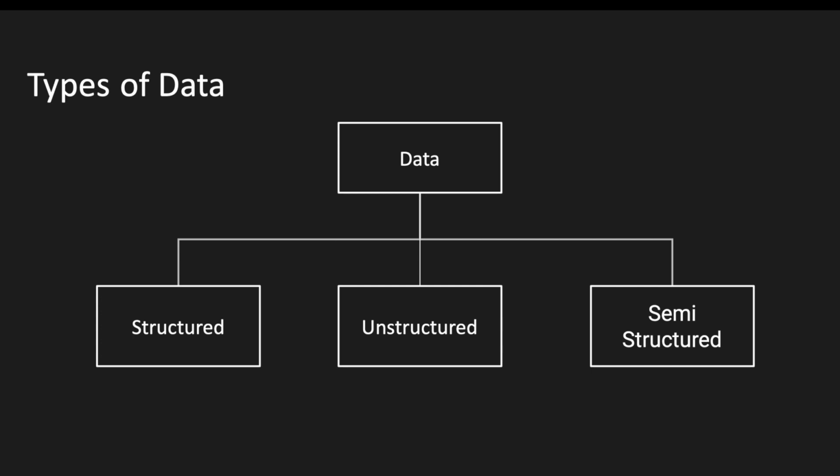Mostly in the world of unstructured data, it can be in the form of data files, PDF, images, videos, and so on. In case of semi-structured data, as it says, it is somewhat structured and somewhat unstructured. It's a combination of both.